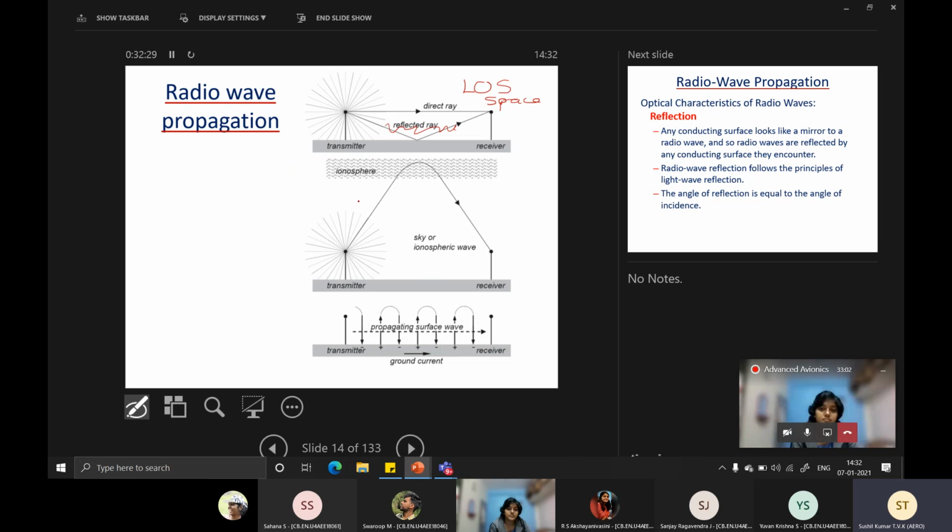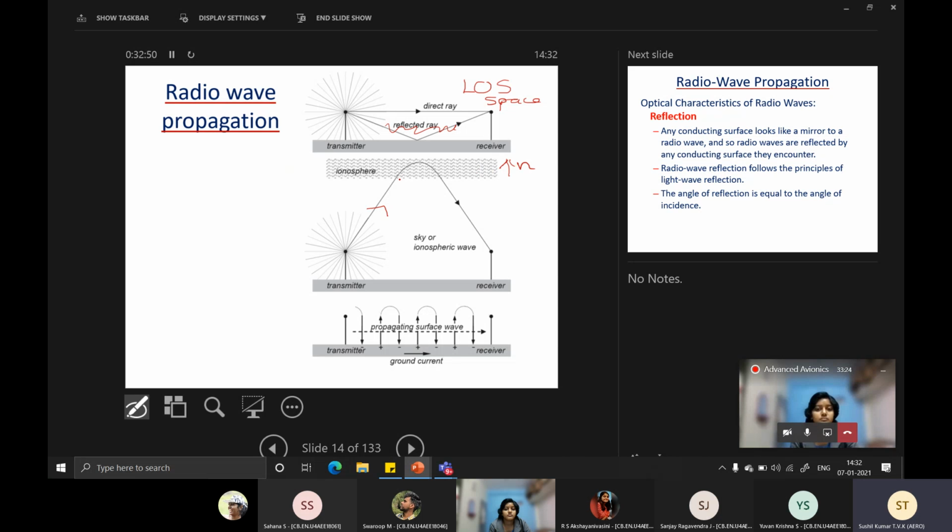The other method is if you can launch the wave pointing towards the sky, then because of change in refractive index, this refractive index can change due to ionization, we'll see in detail what it is.